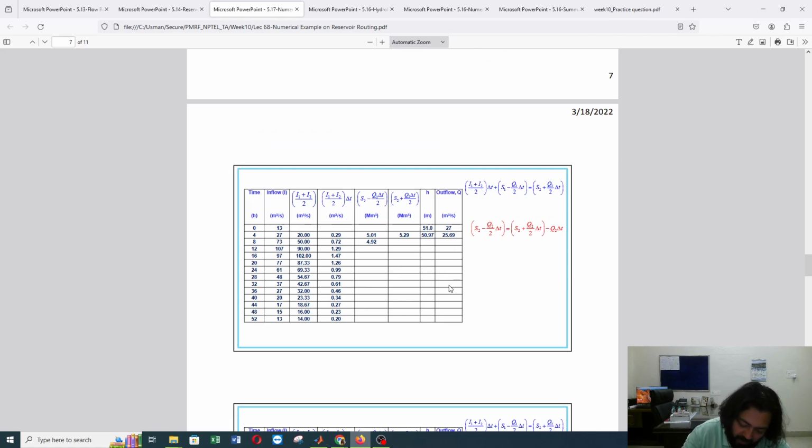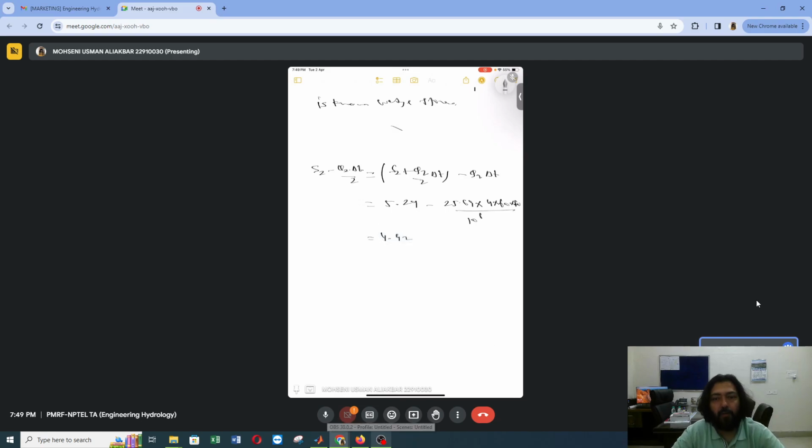So this will give us the answer as 4.92. So this is how we are going to calculate the value of S2 minus Q2 delta T by 2.